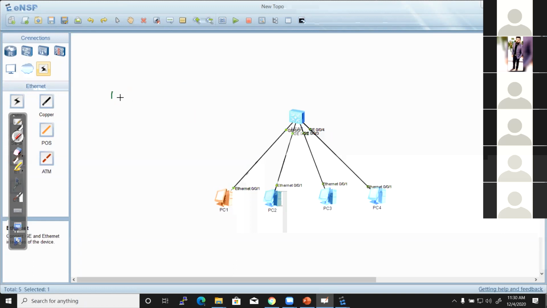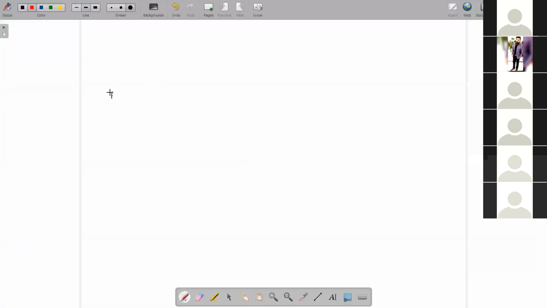And now I'm going to tell you one of the most important features of the switch. By default, switches do broadcast, but in actual, switches are a unicast device.